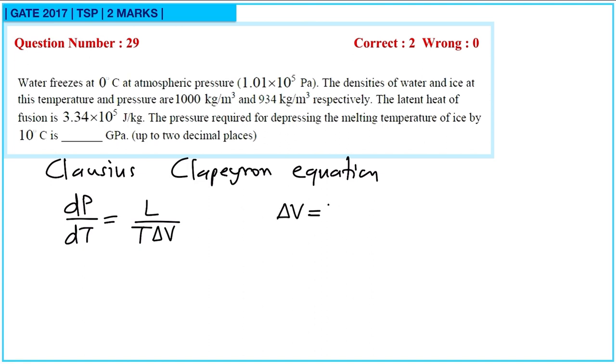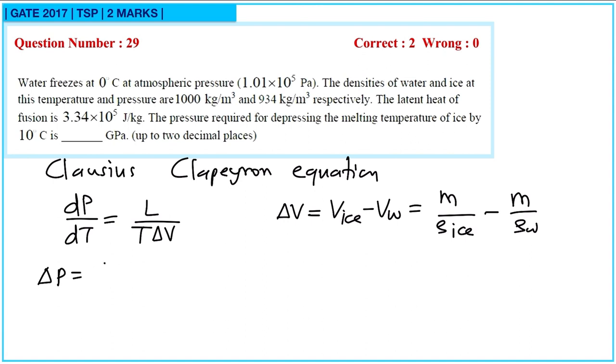Now delta V here is volume of ice minus volume of water. So that is mass upon density of ice minus mass upon density of water. So here delta P is equal to L into delta T upon T into delta V. So this will be 3.34 into 10 raised to 5 into delta T, which is the depressing of melting temperature.